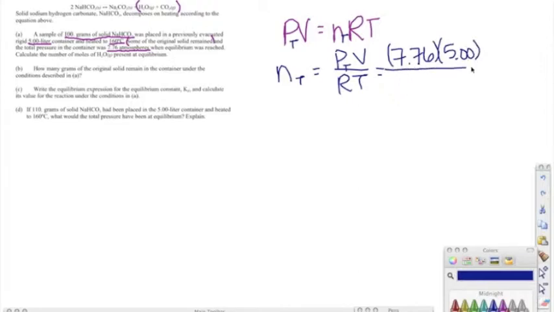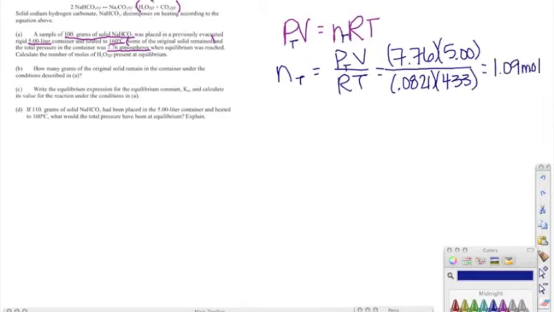That hasn't changed. R, as always, is 0.0821, and our temperature was 160, but because we're using R with the units of liter atmospheres per mole Kelvin, we have to convert that 162 degrees Celsius, which works out to 433 Kelvin. And then you plug all this into your calculator and you get 1.09 moles.